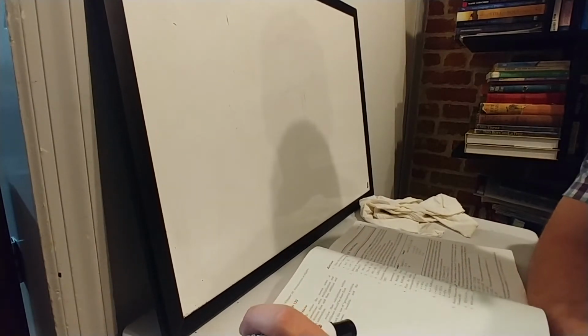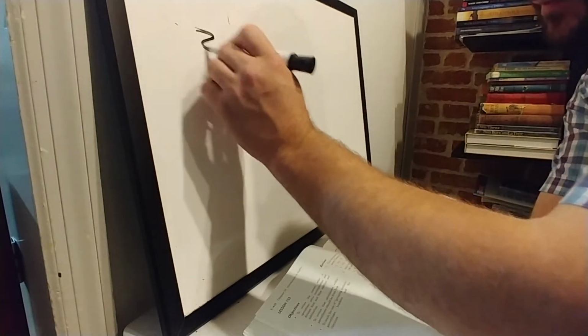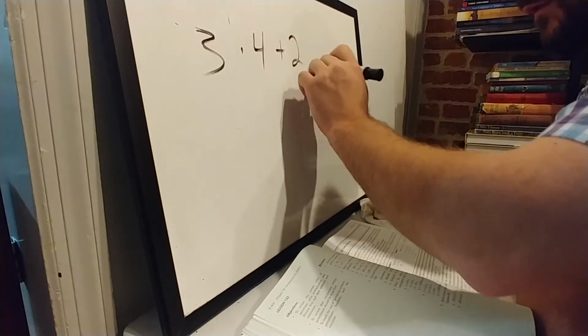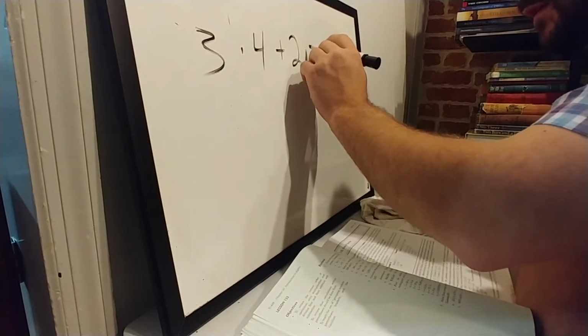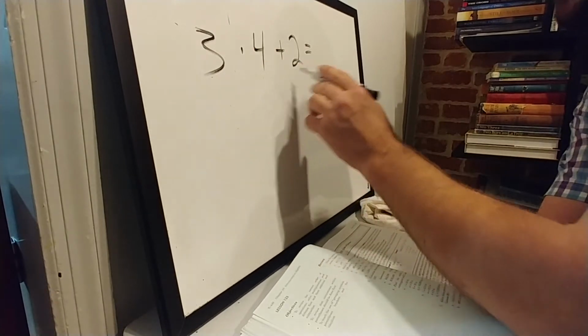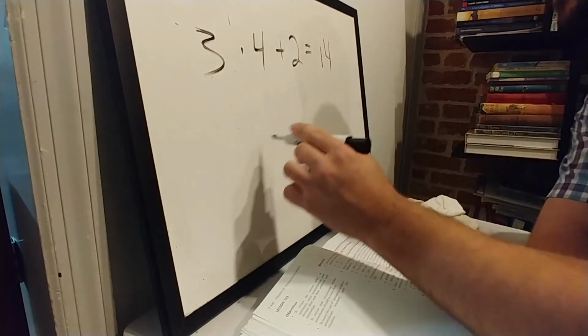So lesson 133 is order of operations. Basically this means, and you probably know some of this already, but in algebra, there's always one way to do a problem. So if we have 3 times 4 plus 2, you would look at this normally, you would say 3 times 4 is 12 plus 2 is 14.